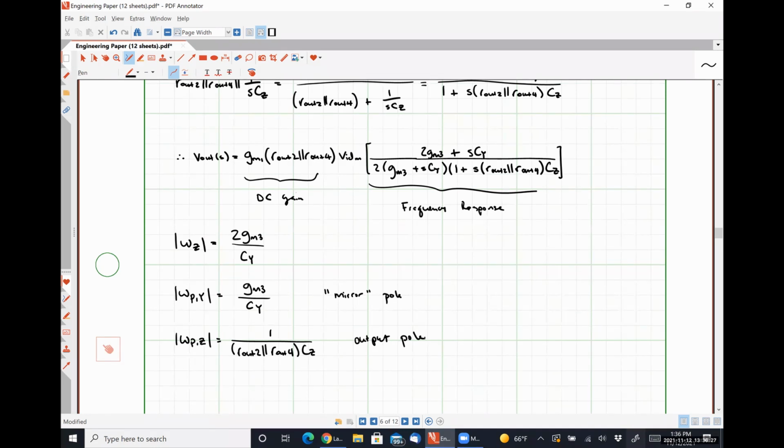So which one of these two do you guys think is going to be the lower frequency pole? Okay, well, I'll tell you, it's going to be the output pole there.